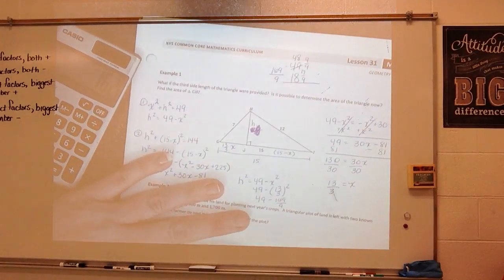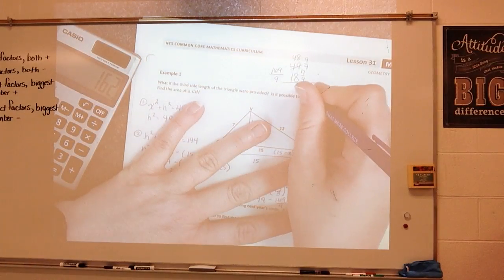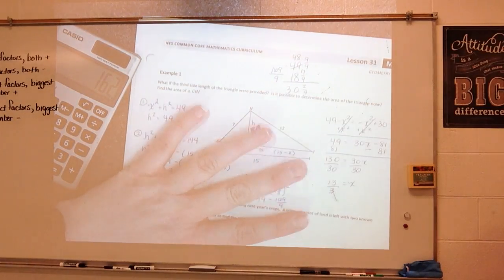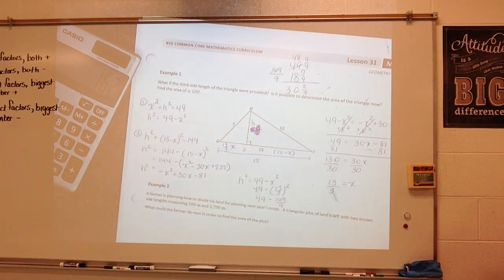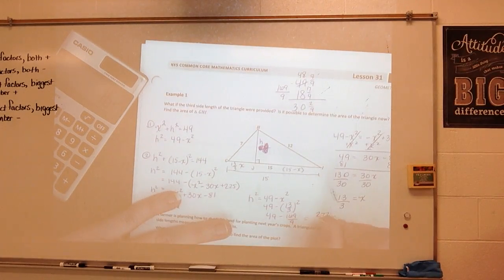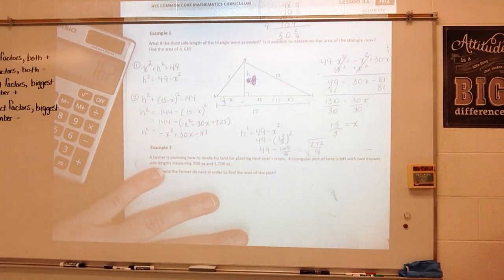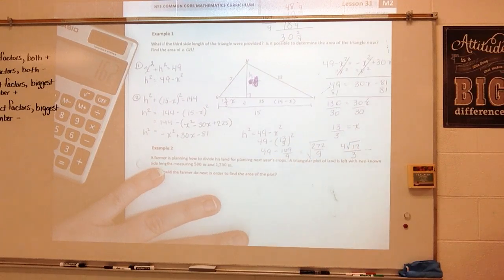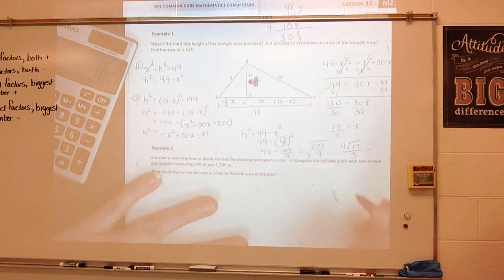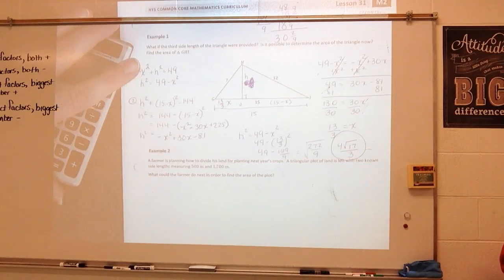Sorry guys, you can't see that. The glare on it is horrible. So I have 2/9, so I get 30 and 2/9 left over. 9 times 30 is 270, so 272 over 9. Alright, and I have to take the square root of that. When it's all said and done, it comes out to 4 square root of 17 over 3. So now I have the height.